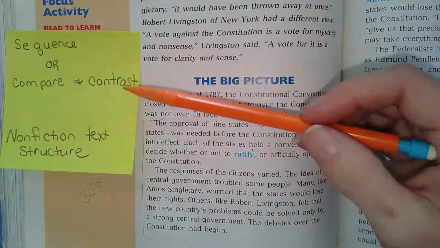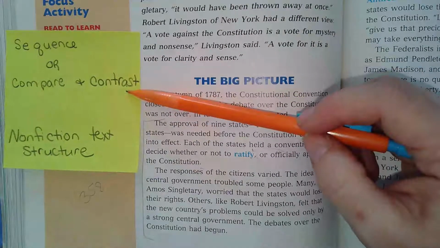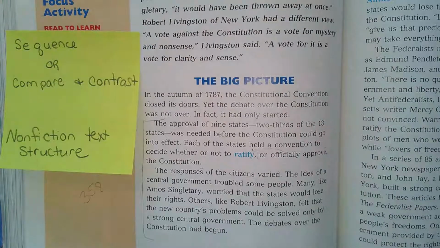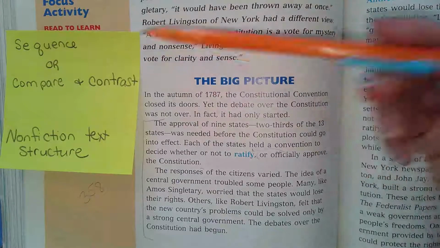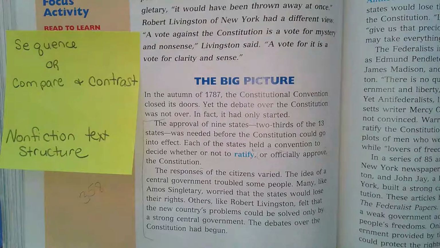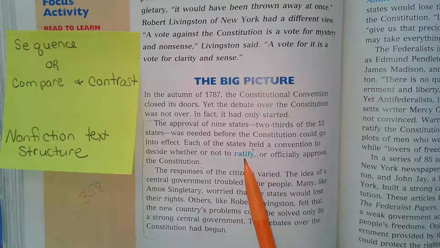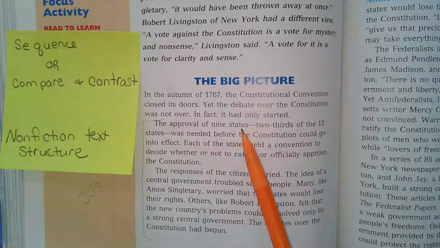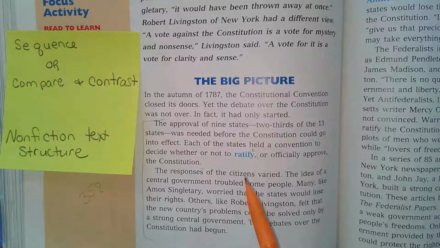So is this paragraph showing you two ideas and how they're similar and different, or is it telling you some steps? Well, if it's telling you steps, it should be telling you what is going to get done. That would be ratifying the Constitution. What are the steps to get that done? 9 states approve.